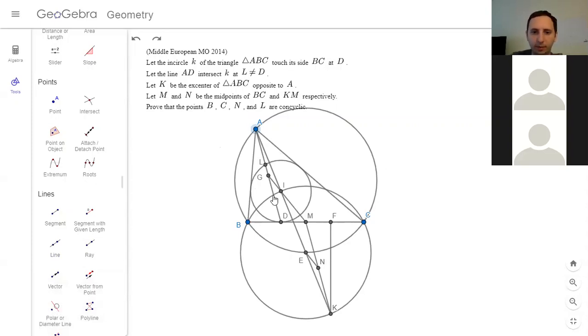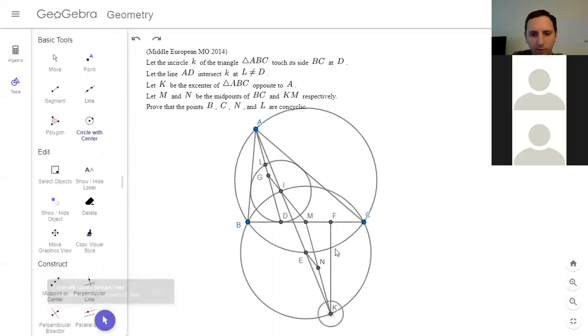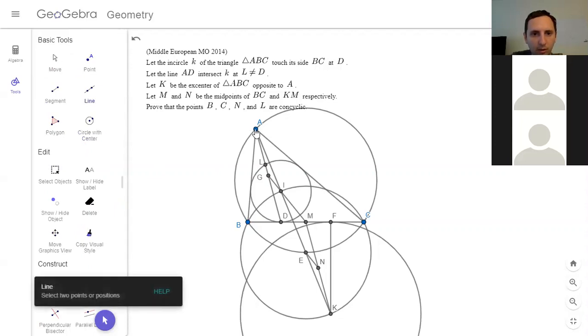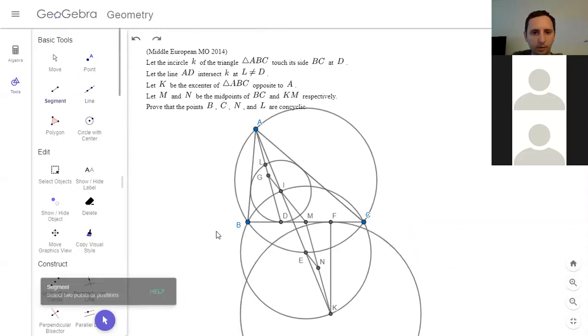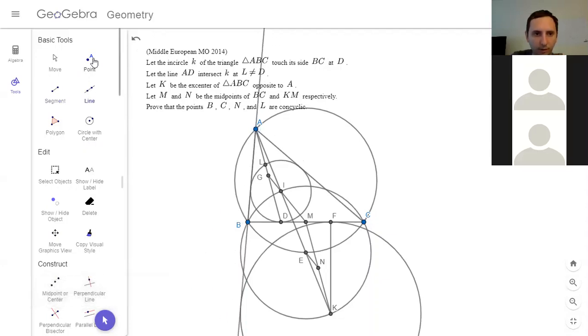Maybe it's worth drawing this point right here because of the homothety. Or you know what, I'll just draw the excircle just for the heck of it. So that's the excircle. Let me do segments instead. This is tricky.